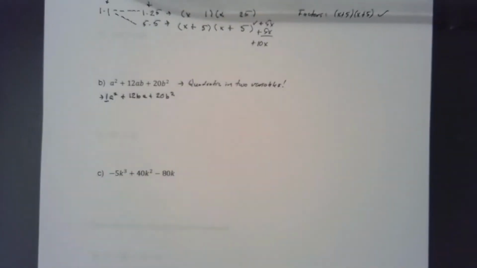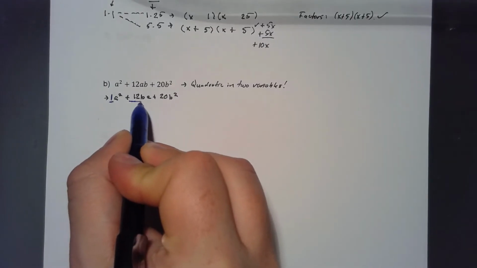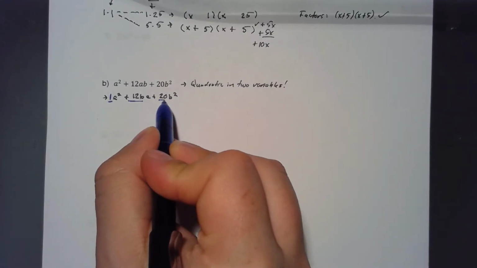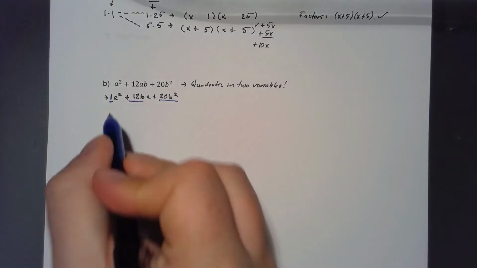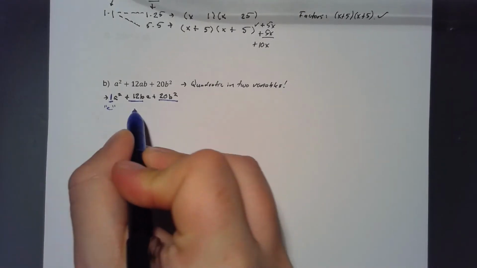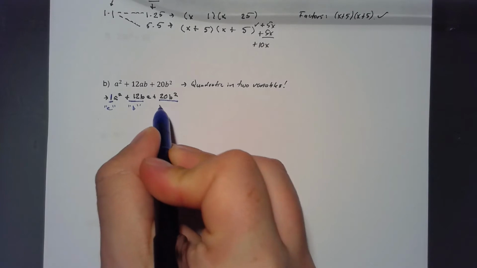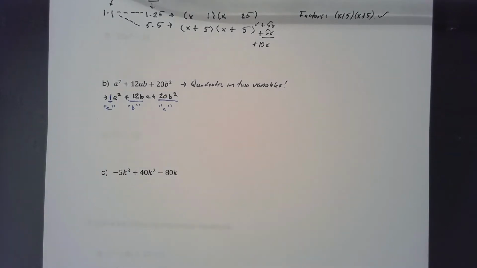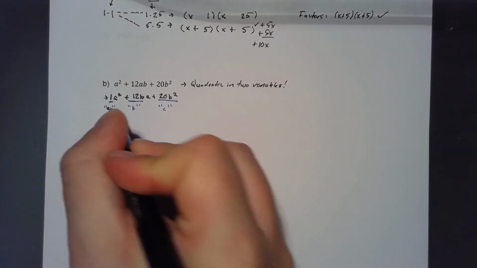My b coefficient is 12b. And my c, my constant, is the whole term 20b squared. That's my a, that's my b, and that's my c. That's an A, by the way.